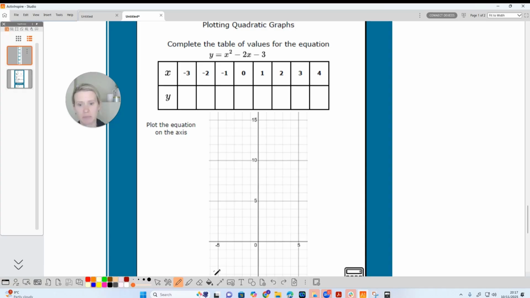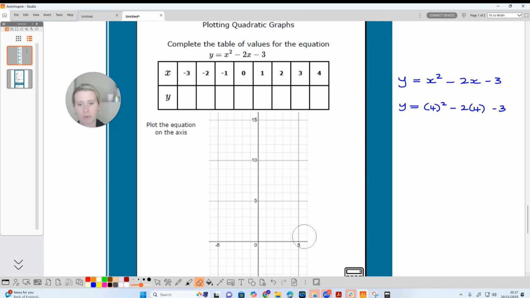So we're going to start with substituting in x is 4 into the equation y equals x squared minus 2x minus 3. So what happens if we put in the value of 4? So we're going to be doing 4 squared minus 2 lots of 4 minus 3.